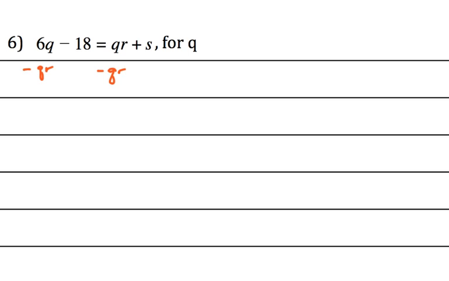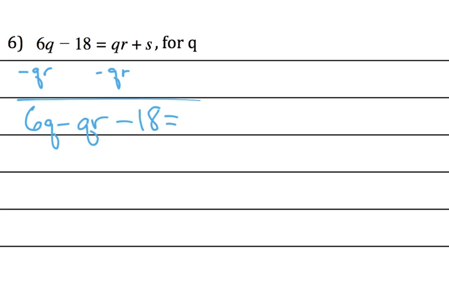I mean, this doesn't really present itself nicely. On the left side, I'm going to have 6q minus qr minus 18 is equal to qr. Whoops, that went away, didn't it? My mistake. Is equal to s.